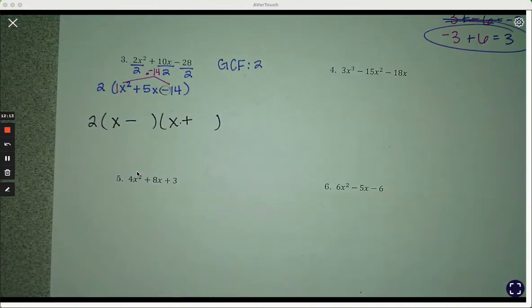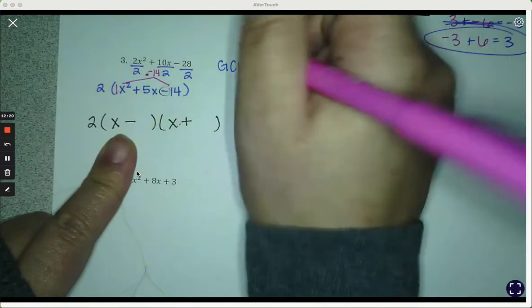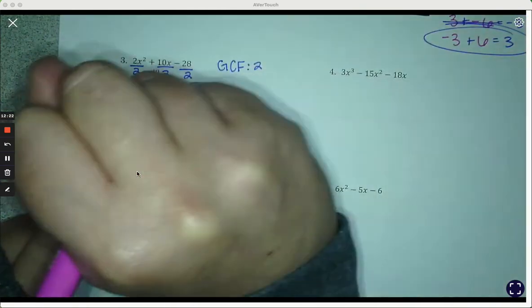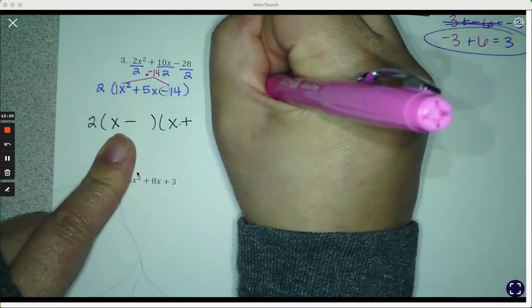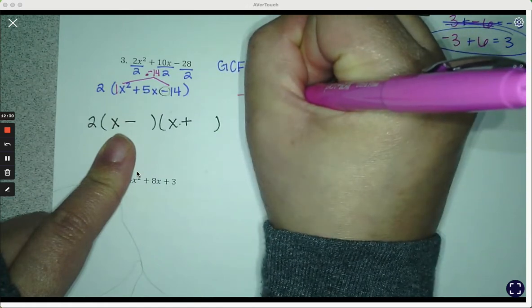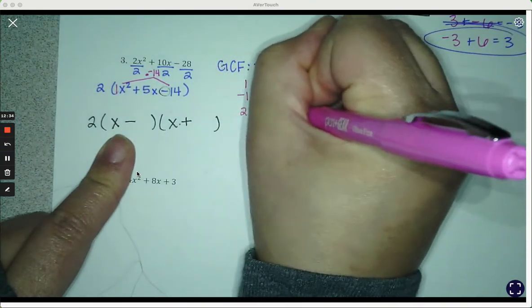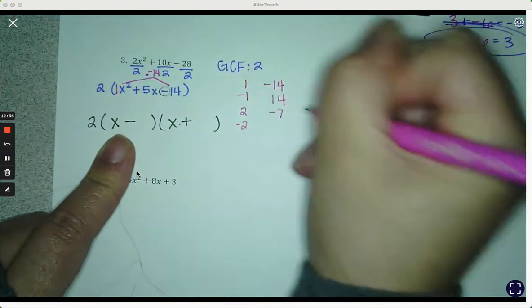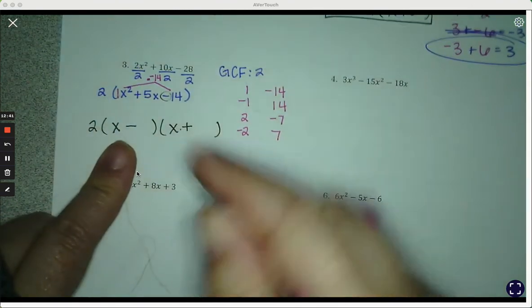So we're looking for two numbers that multiply to negative 14 but add to 5. All of the factors of 14 or negative 14: we have 1, negative 14, negative 1, positive 14, 2, negative 7, negative 2, positive 7, and that's it for 14.